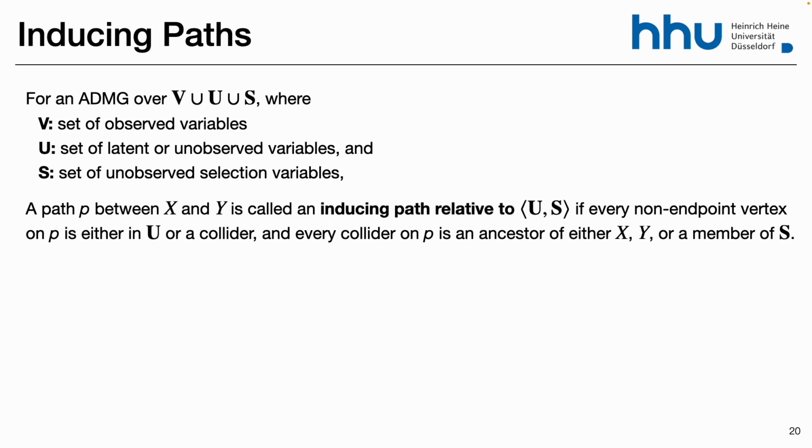How do you read this? This is saying that every non-endpoint vertex on P is either in U. Being in U means that I was defining inducing path in a MAG, which exists as well.